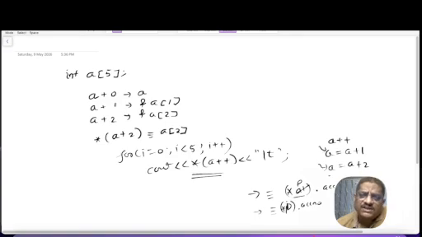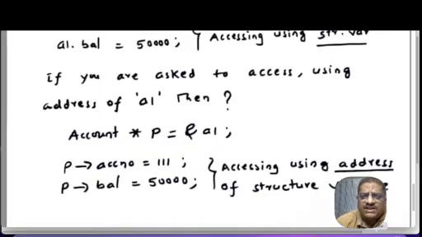Since we have such a complex structure, it is replaced with arrow. So whenever we use a structure element and the address of that structure variable, the elements will be accessed with arrow, say P arrow account number 11. This we'll now see with our program.